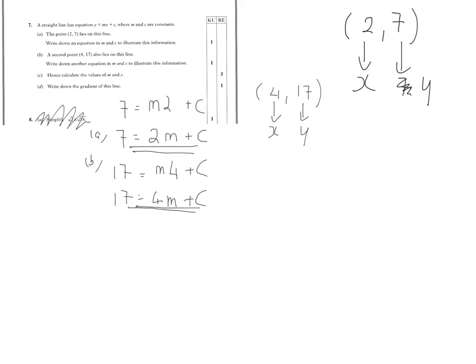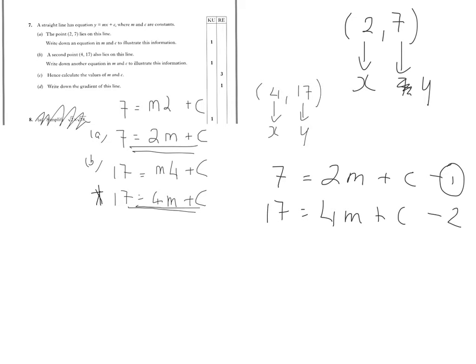So let's just line them up at the side here. Equation 1, 7 is equal to 2m plus c. I'm going to call that equation 1. Equation 2, 17 equals 4m plus c, equation 2.